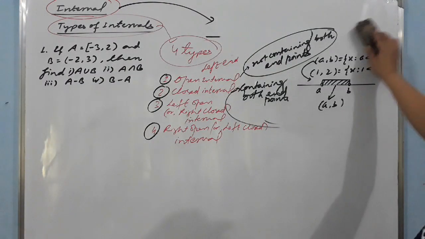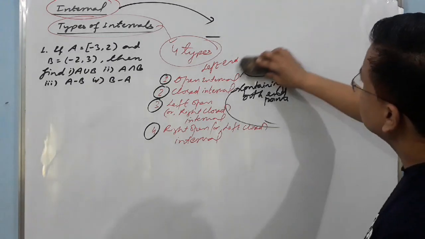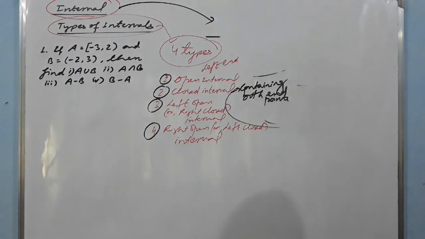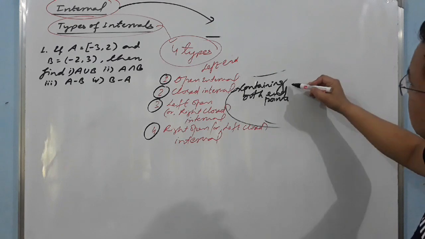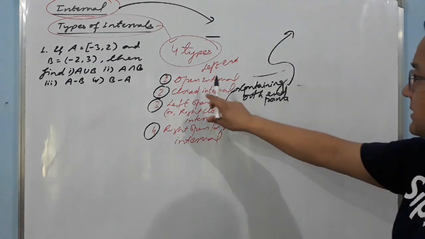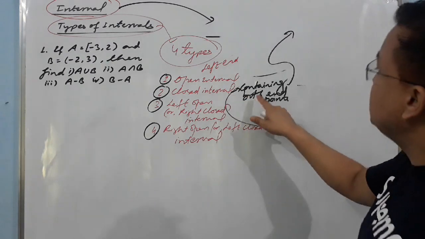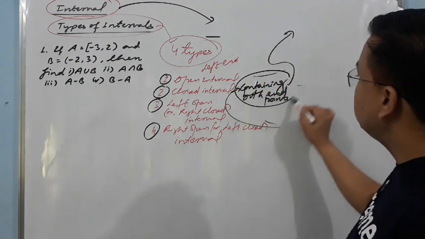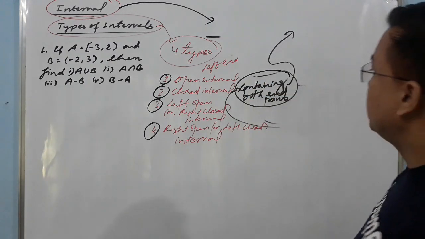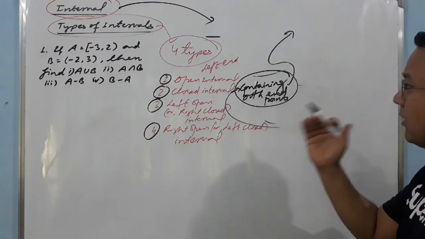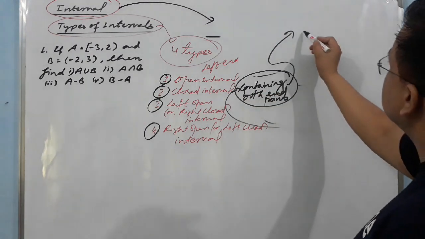Now I'm going to erase this one. So this is the definition of a closed interval: an interval containing both endpoints.